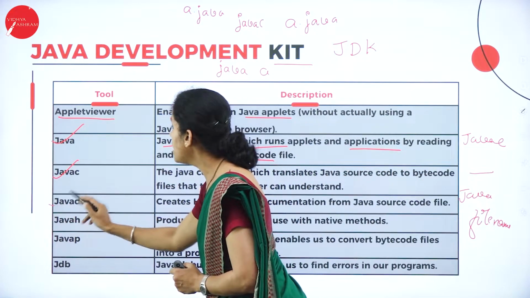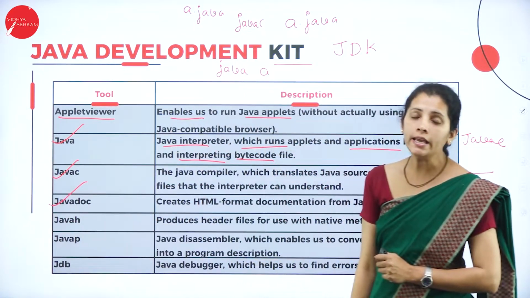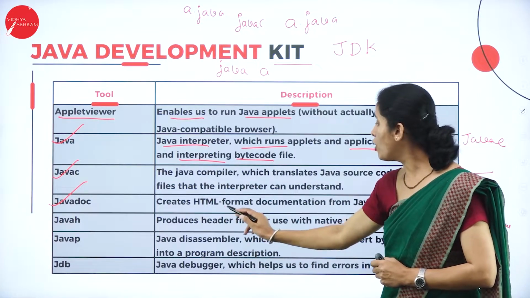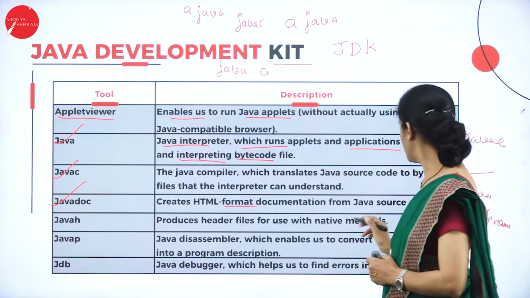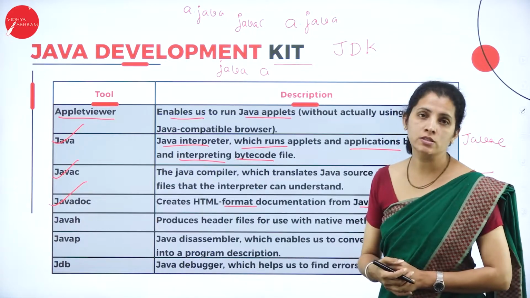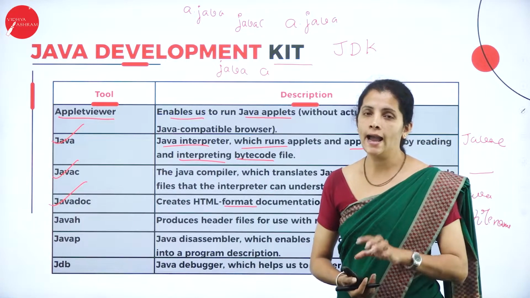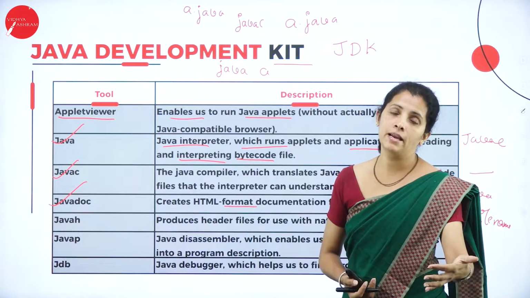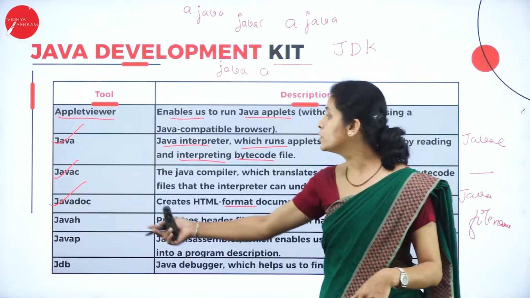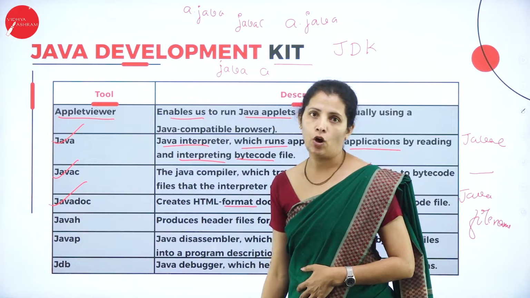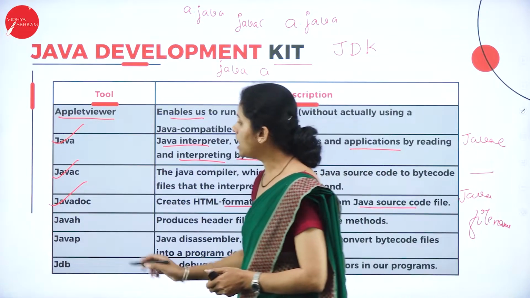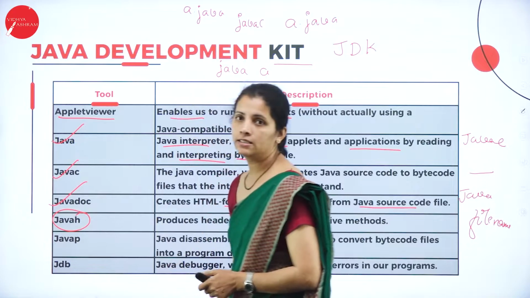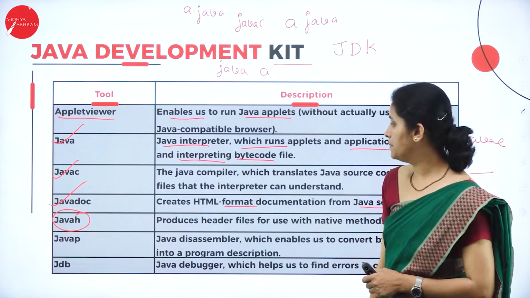Now, javadoc, to create an HTML format document from the Java source file. Dear student, I have a Java file and I want to create HTML of that. For that, I'm going to use javadoc. Then what about javah? That is nothing but the header file.